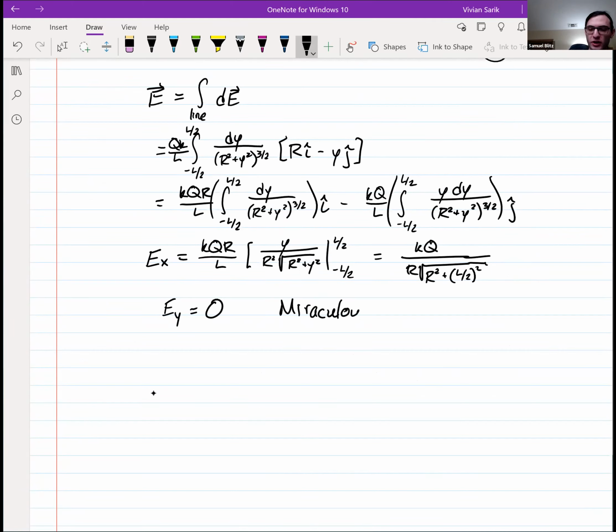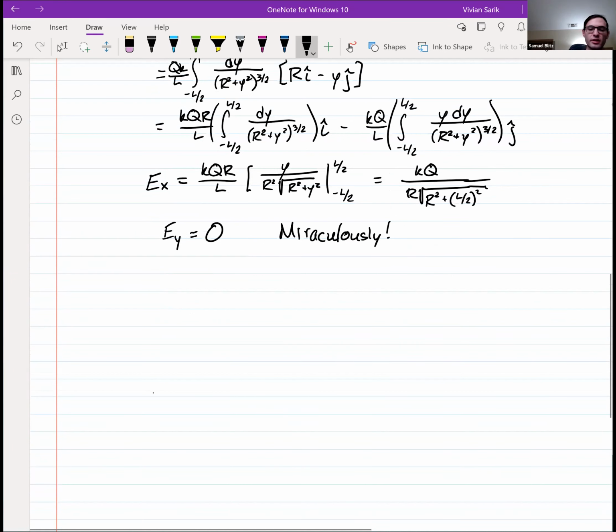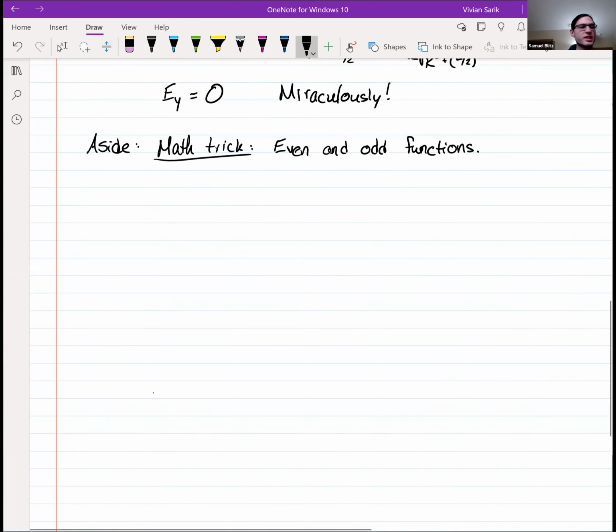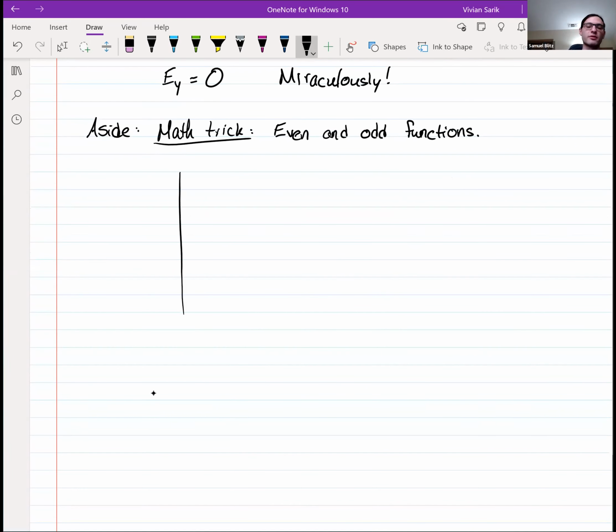So I'm actually going to spend a minute to explain why you might expect that. So let's take an aside to discuss something that you may have talked about in math class. It's technically just a math trick, but it's a discussion of even and odd functions. If you've never seen this before, it's a remarkably useful trick. So let's say that you're trying to integrate two separate functions.